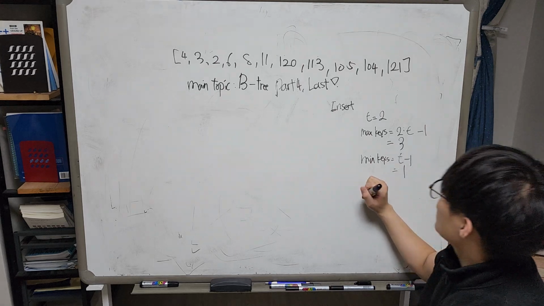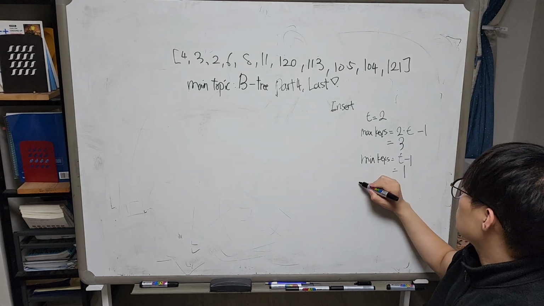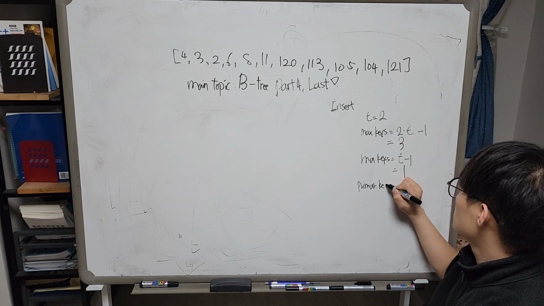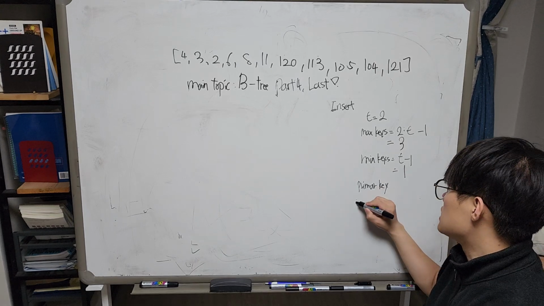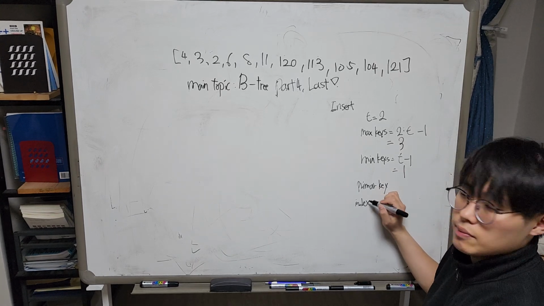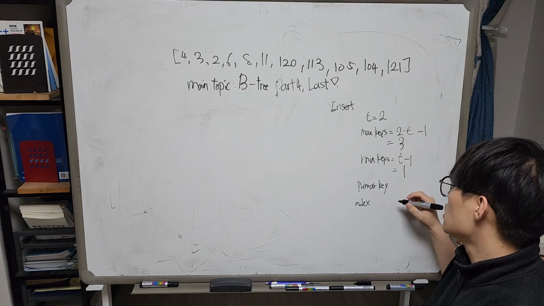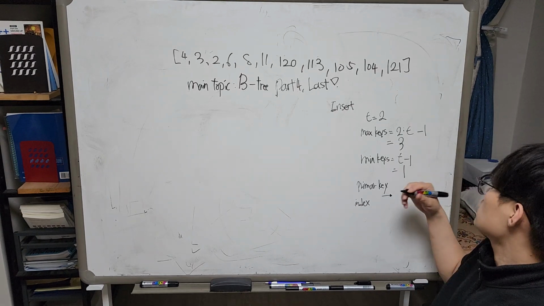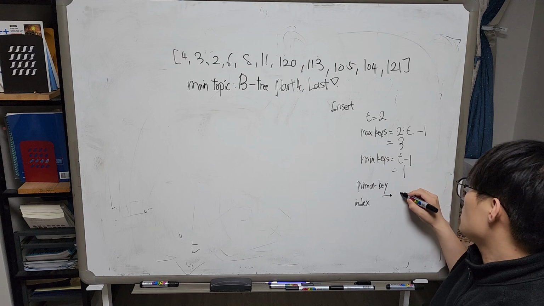And also the primary key index: the primary key is the key that is going to become the parent when there is an already full node. It's actually t minus 1, which is 1.